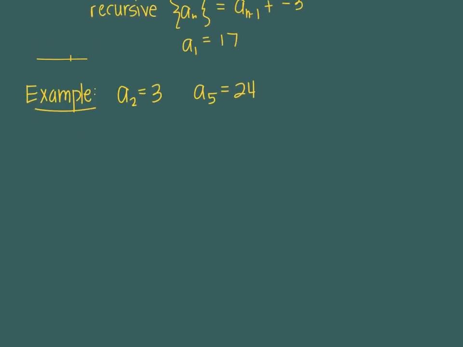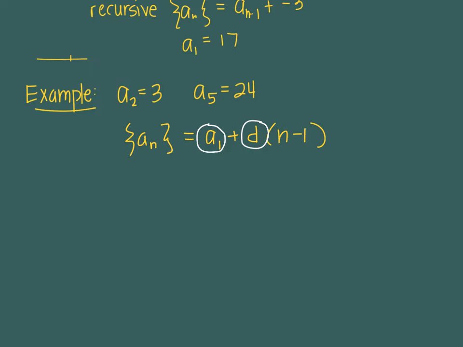You've got to really put your thinking cap on here if you have to figure out the common difference yourself. And so you're going to set up a system of equations. We know that the explicit term would be that a sub n is a sub 1 plus the common difference of d times n minus 1. Unfortunately, I don't know a sub 1, and I don't know the common difference of d. So I've got to work with what I've got.